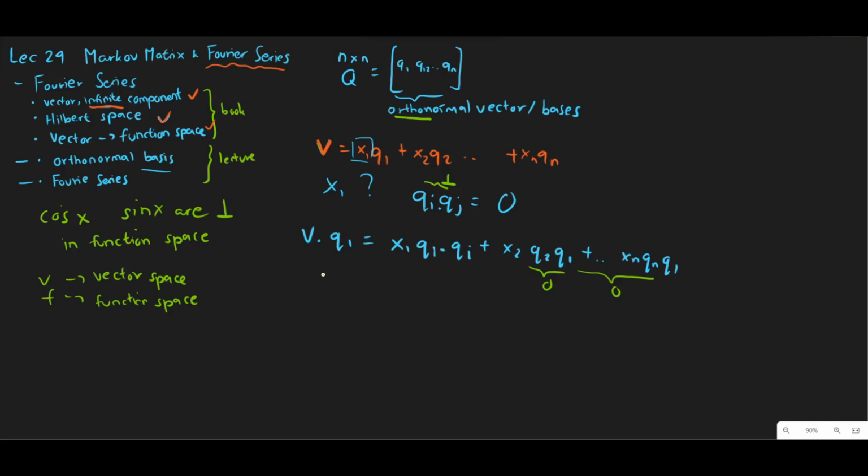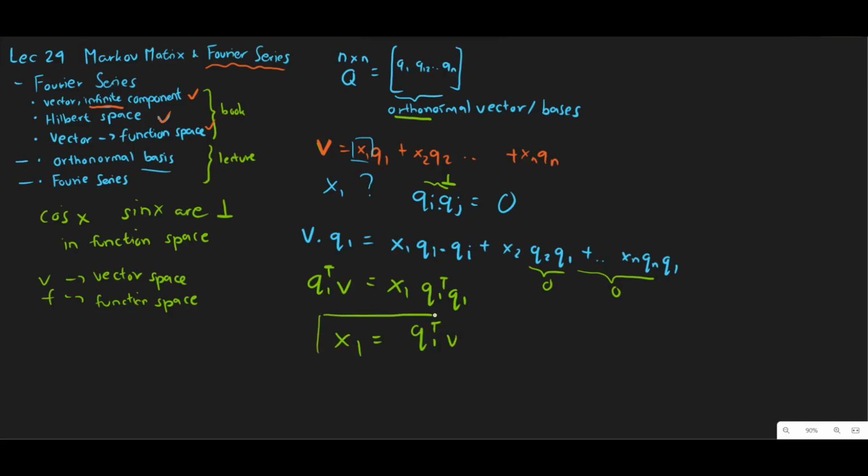And I just want to write this in another syntax. The dot means the transpose, so this is also q1 transpose q1. And there you have it: I have my x1, which is q1 transpose v.